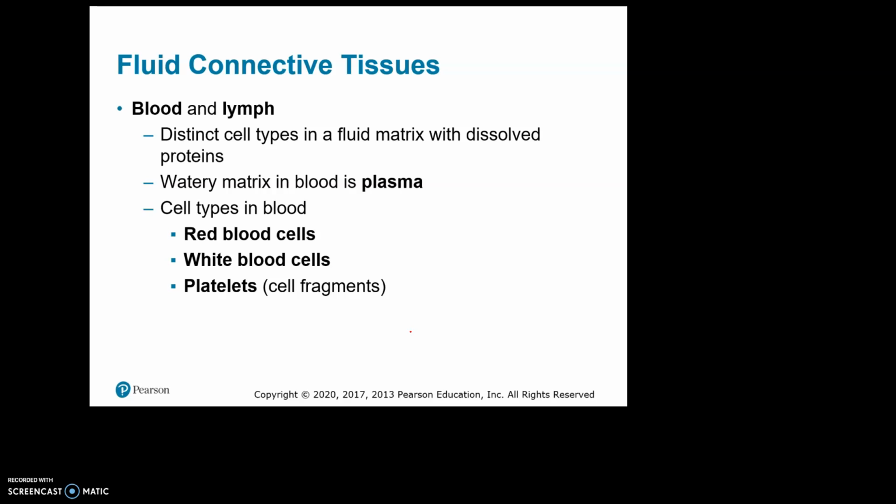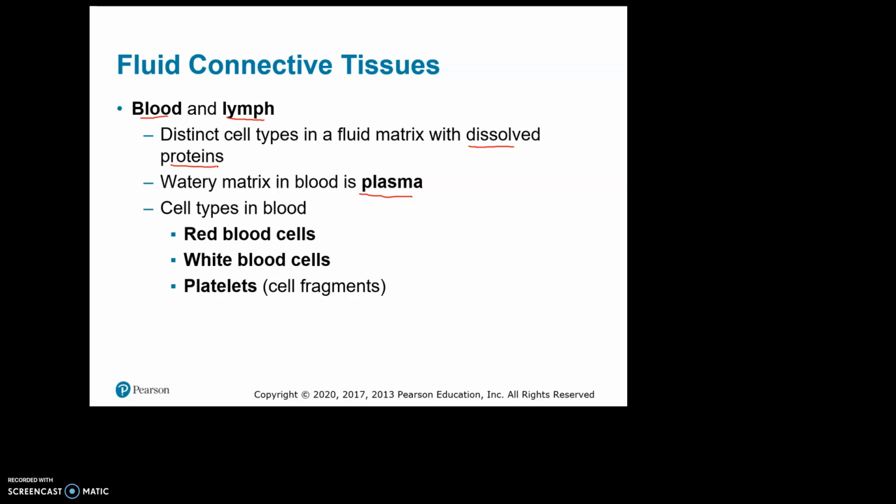Now we're moving on to the fluid connective tissue, and that includes blood and lymph. The matrix for blood is called plasma. It's a fluid matrix, and instead of protein fibers, you're going to have dissolved proteins. So you won't have collagen, elastin, or reticular fibers.